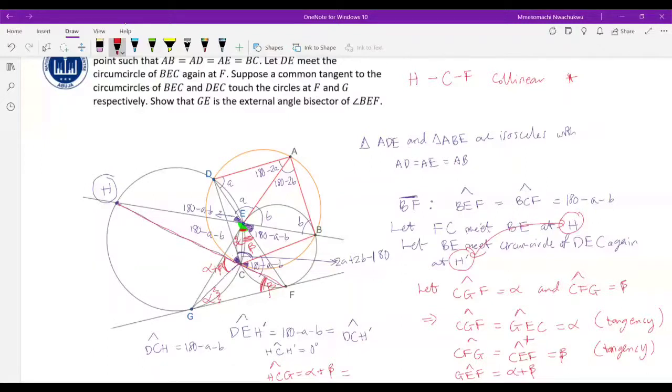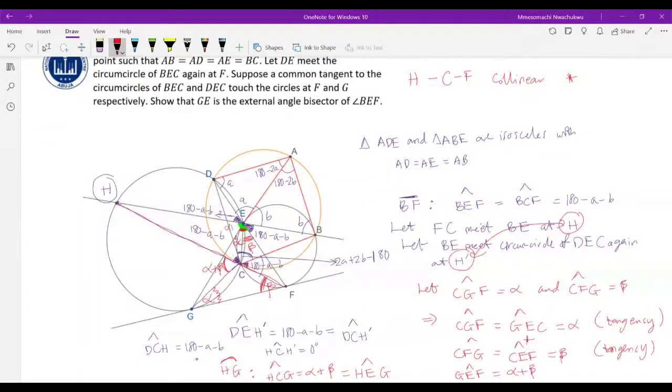Okay. So now we can quickly get that angle HCG is equal to what? The chord HG subtends the angle of alpha plus beta. So which other point can we pick? We can pick point E, so angle HEG, on the arc HG. We have HCG equals alpha plus beta, which is also equal to angle HEG.